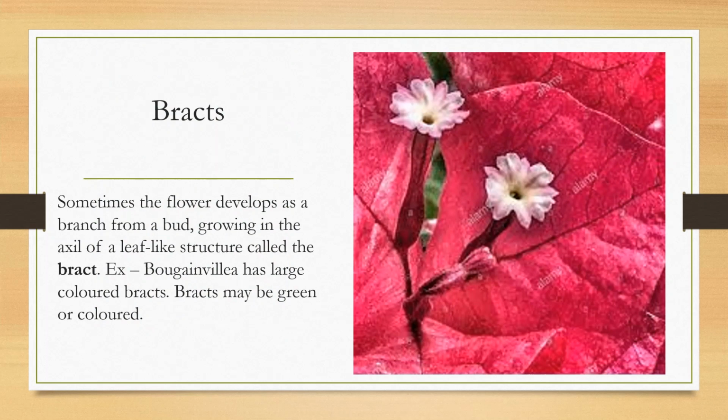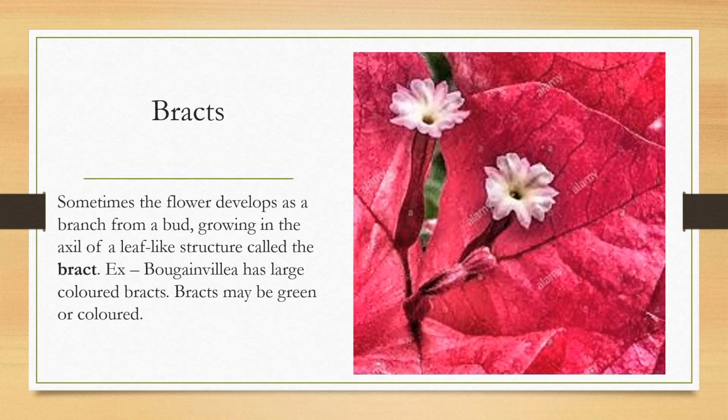Another modification seen in flowers is bracts, which you might have seen in bougainvillea. Sometimes the flower develops as a branch from a bud growing in the axil of a leaf-like structure called the bract. Here in the picture you see pink color big leaf-like structures.